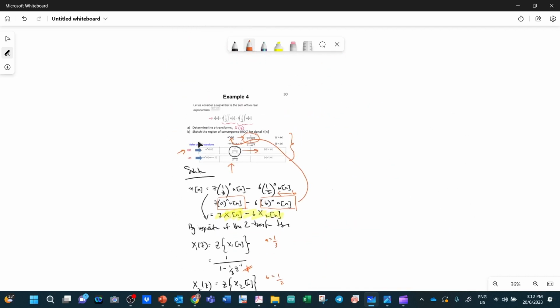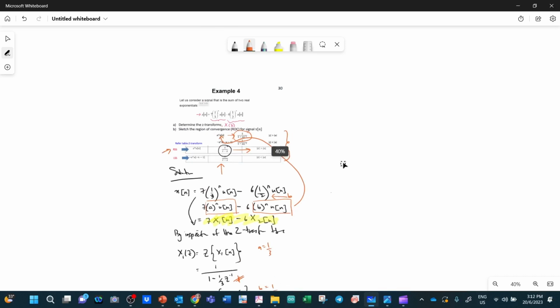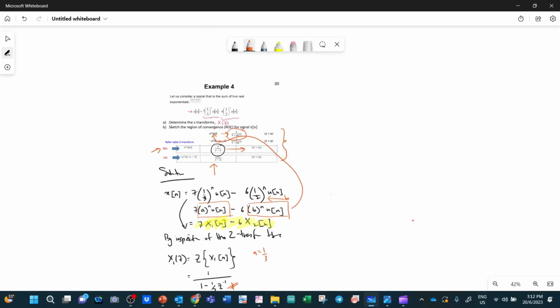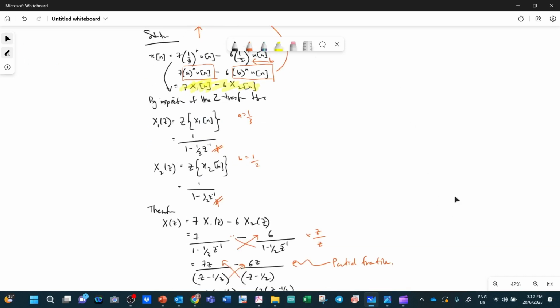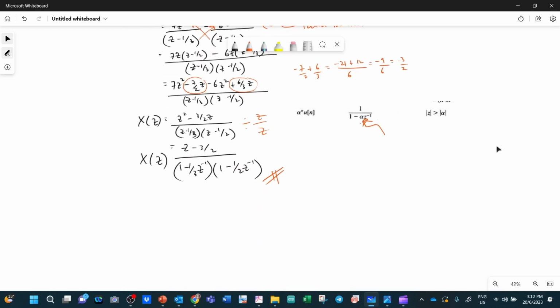So the second question is: sketch the region of convergence for signal x[n]. So part B, find the region of convergence. Okay, so just now you know that the signal x[n] is in this form. So for the region of convergence you're going to use this one, z more than a.